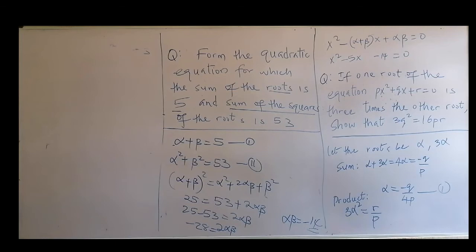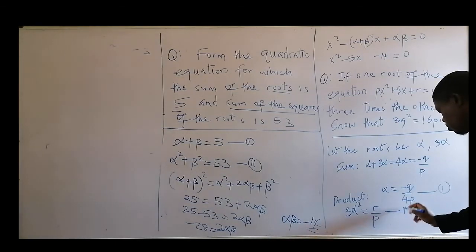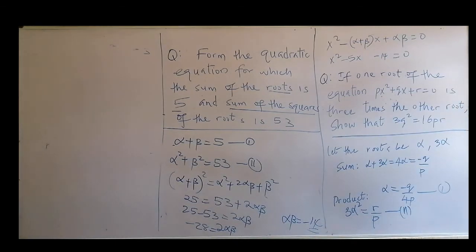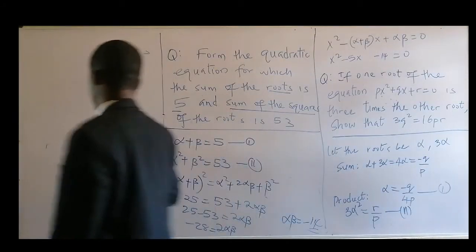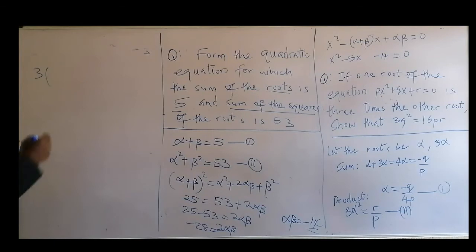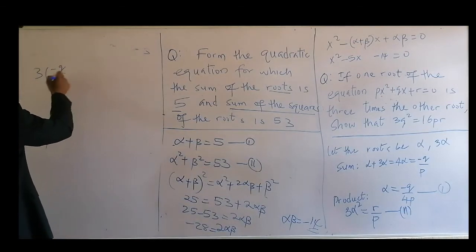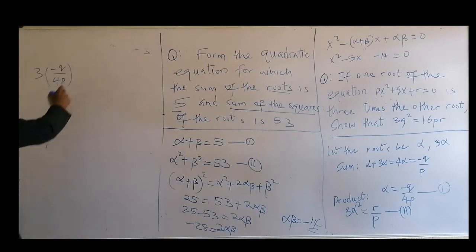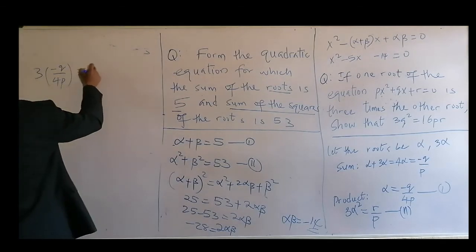Plug in 1 into 2. So equation 2 becomes 3 into brackets minus q over 4p, squared, equal to r over p.